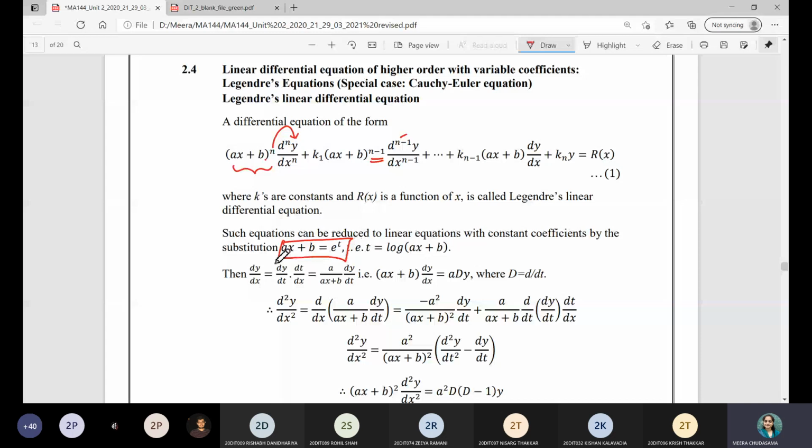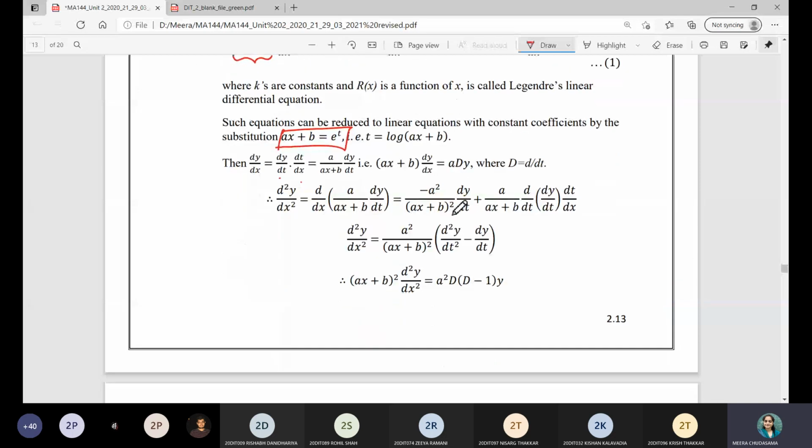Using this substitution and the chain rule, we convert the entire equation. The linear term, ax plus b times dy by dx, becomes a D y, where the operator D is now d by dt.